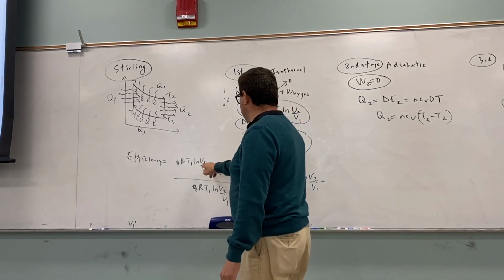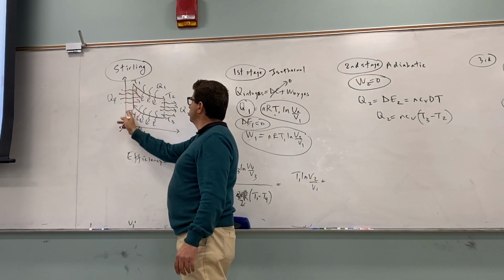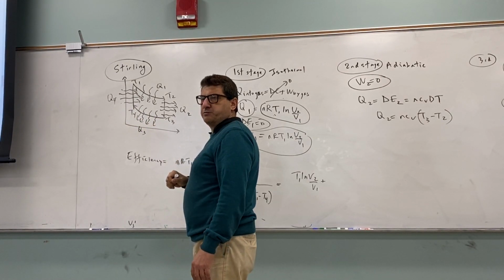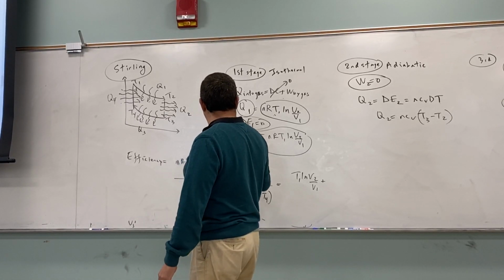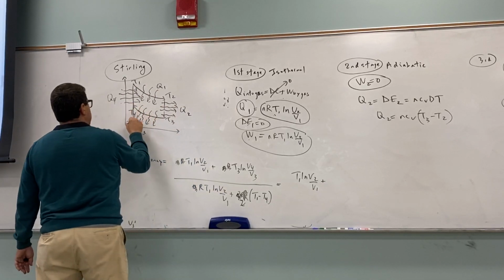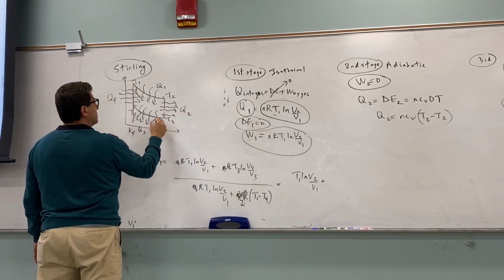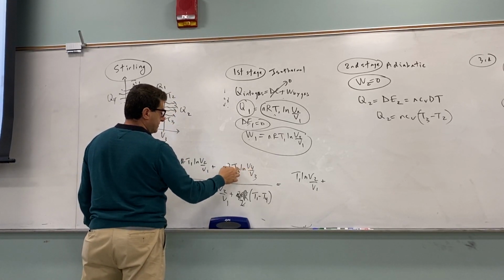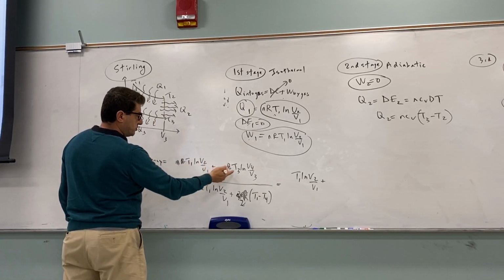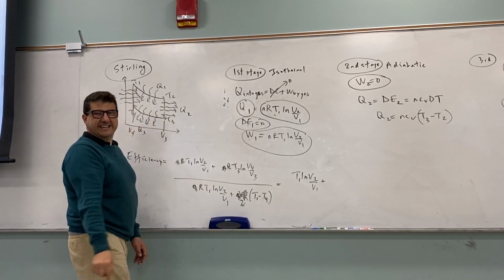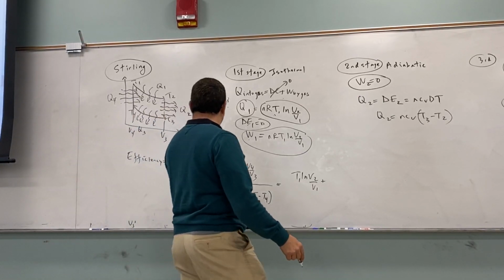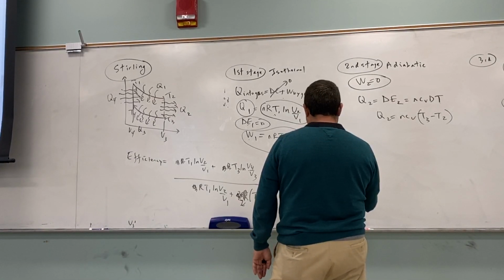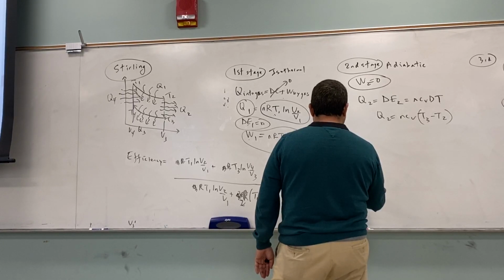Can we say V4 to V3 is the same as V2 to V1? They should be the same. Actually, wait a minute, V4 is the same as V1. And then V3 is the same as V2. Yeah, except this should be negative of that, so then it's just reverse. So actually, it doesn't cancel, right? So we have T1 ln of V2 over V1, and minus T3 ln of V2 over V1.